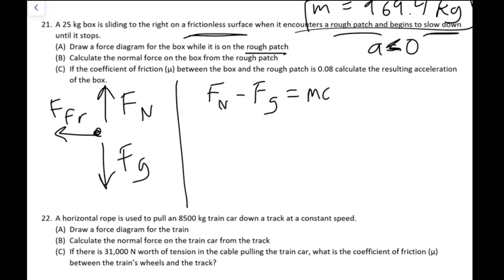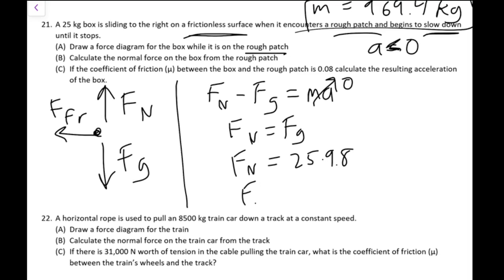But in this case, it's not accelerating in the y direction. It's not going up or down. It's accelerating to the right. So that means that these two forces are equal to each other, which means that Fn is equal to the mass times 9.8, which is 245 newtons.